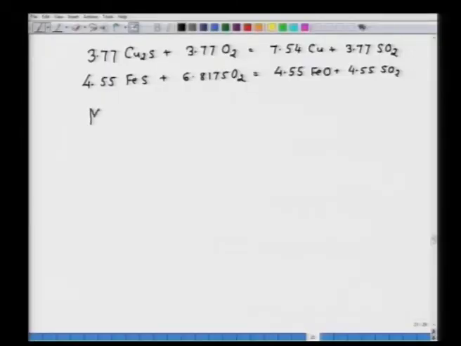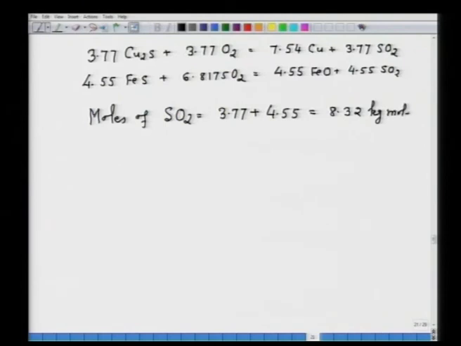So, straight away the 1 ton of copper matte, which was containing 3.77 moles of Cu2S and 4.55 moles of FeS, will give you the moles of SO2, that will be equal to 3.77 plus 4.55, and that is equal to 8.32 kg moles.